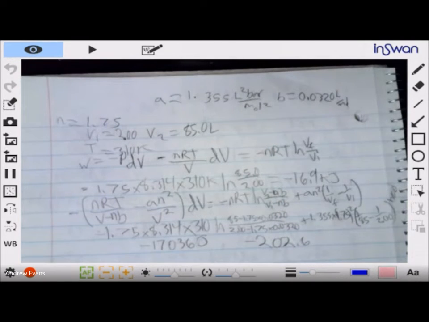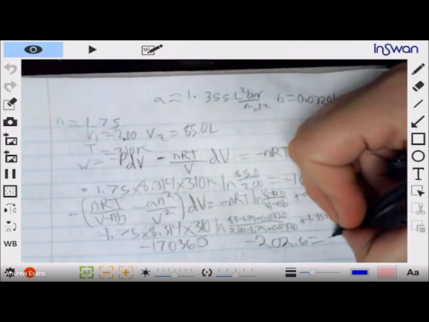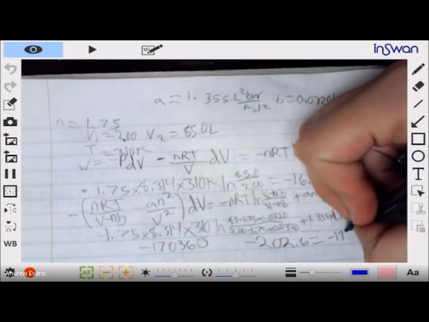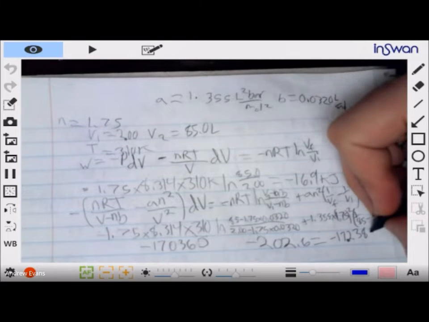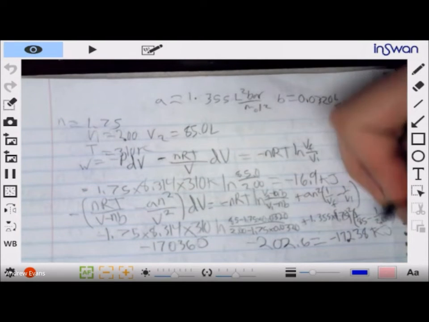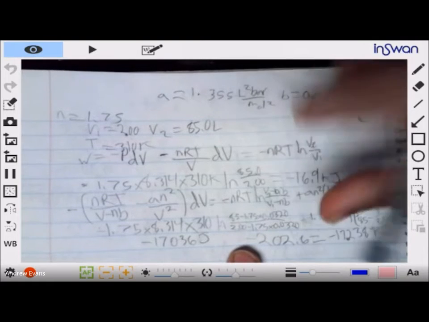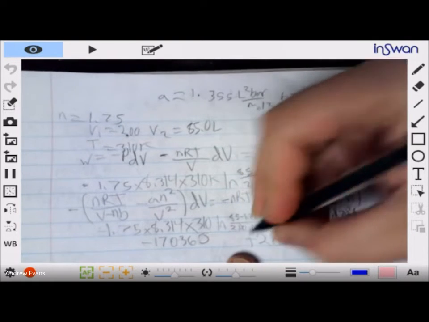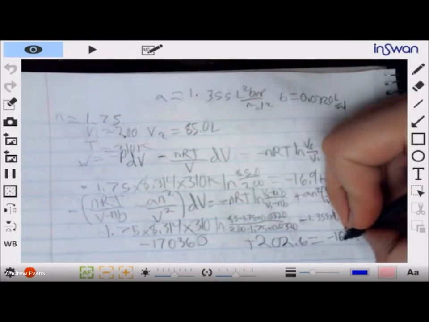So adding those two terms together, you get something like negative 17,238 joules. Sorry, that becomes positive. My bad. Because when I integrate that, it becomes negative. So instead of 17,000, it's more like 16,834.